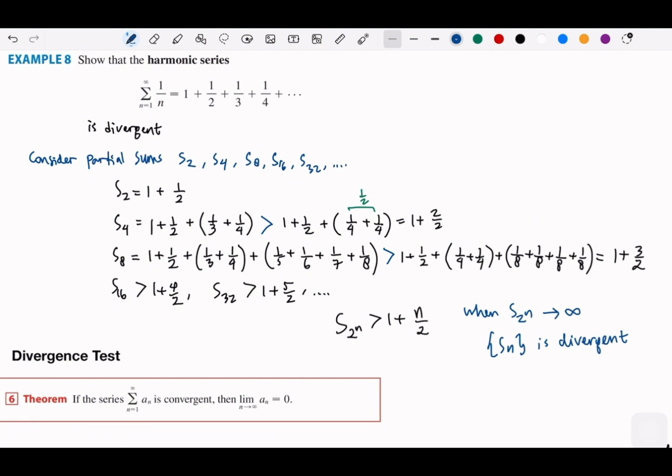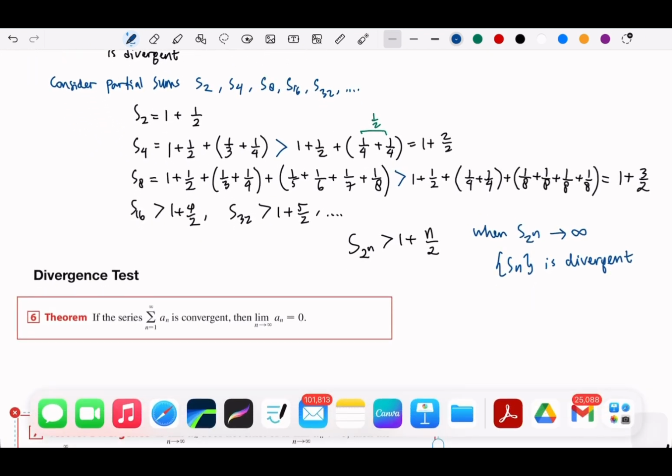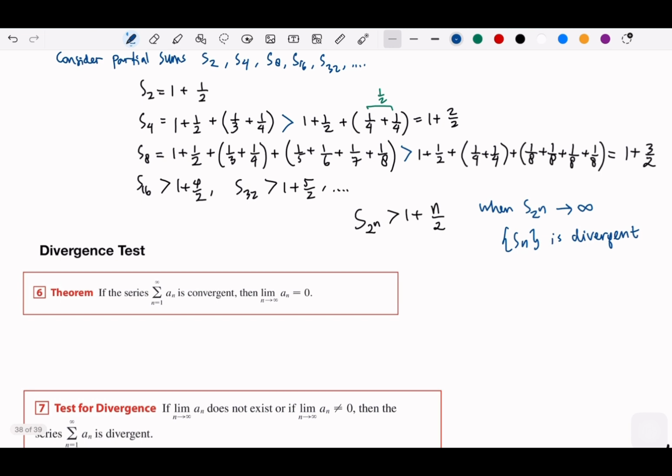Now to end today's lecture, I will give you these two statements, and we are going to see this statement practically.